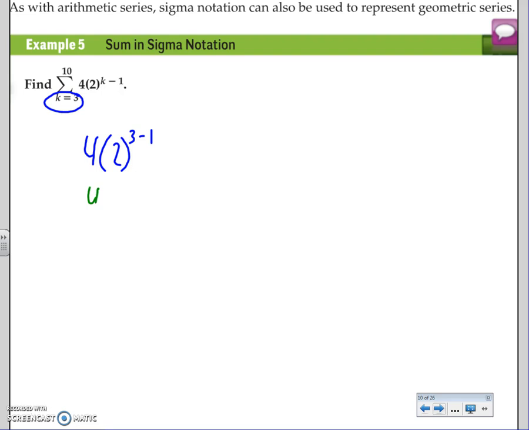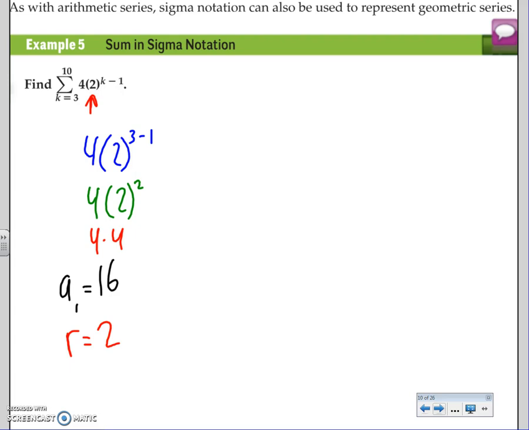That is 4 times 2 to the second power. 2 squared is 4, 4 times 4 is 16. We know a sub 1 equals 16. We could find the last term, but we don't have to. We just need r. r is the thing in parentheses that we're multiplying, the thing with the exponent. So we know r equals 2.